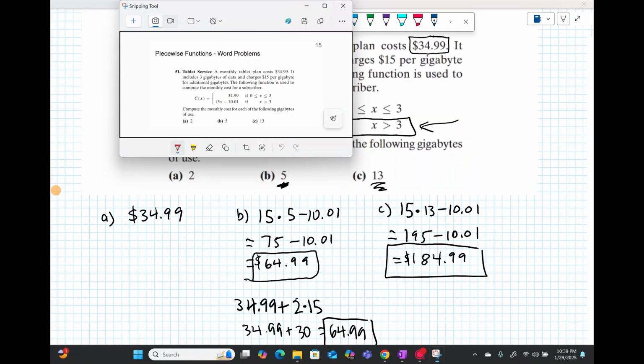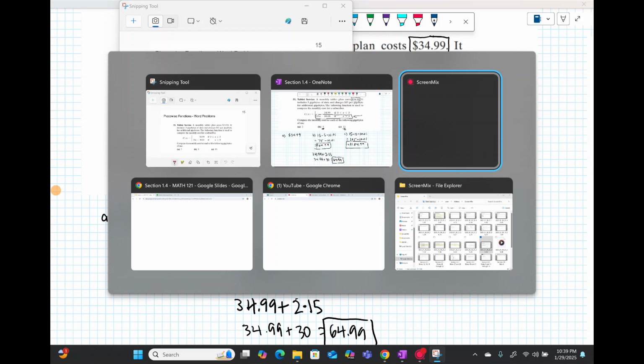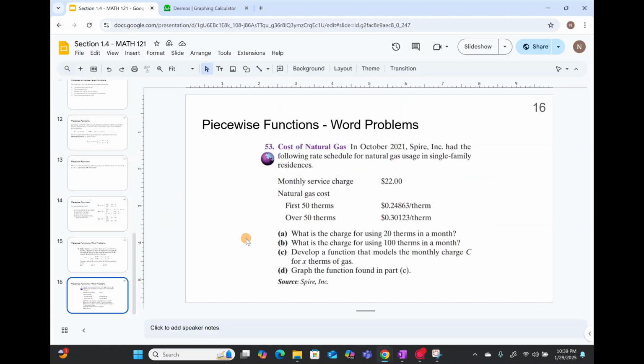We have one more example that I'd like to go over, which is this one here. So let me copy and paste this.